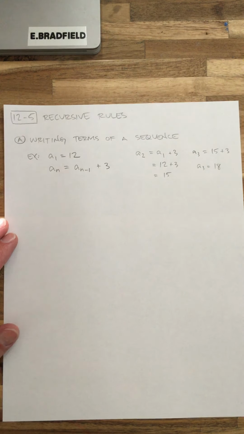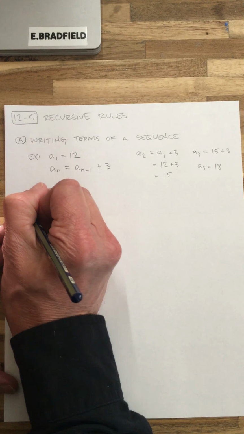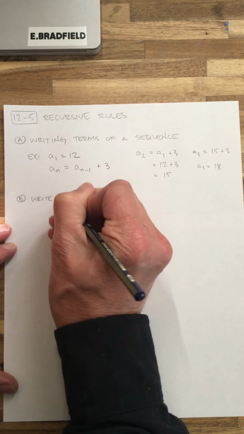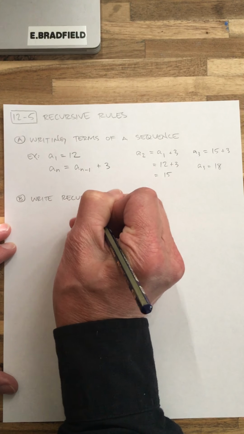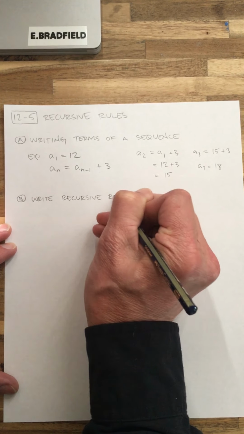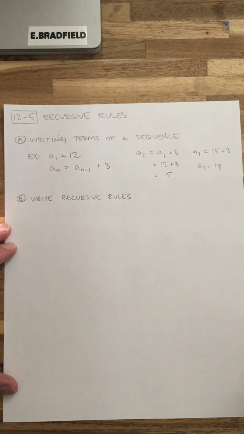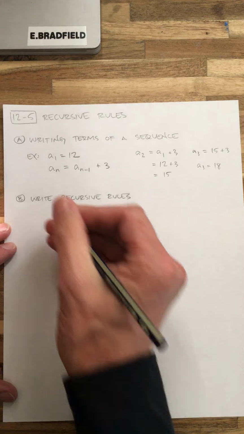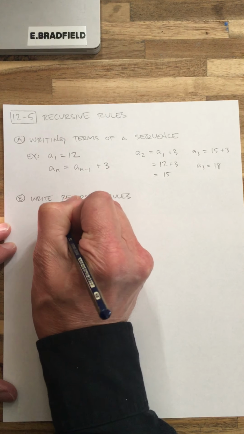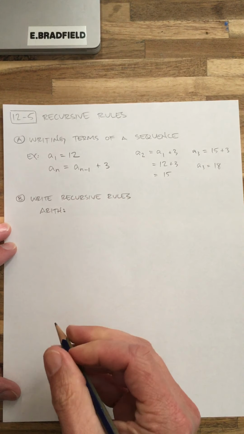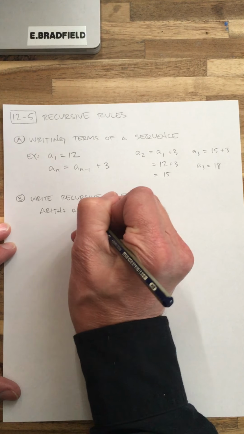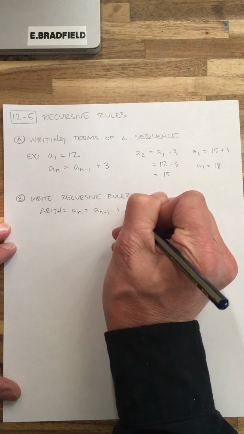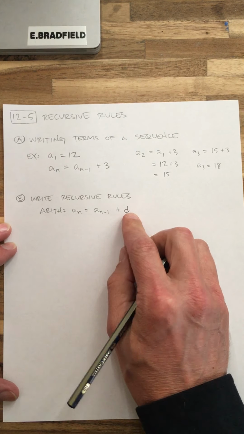All right, so let's write some recursive rules. So part B, write recursive rules. Two that might be helpful: if it's an arithmetic sequence that you see, then a sub n is going to equal a sub n minus 1 plus d, and you know that d is the common difference.